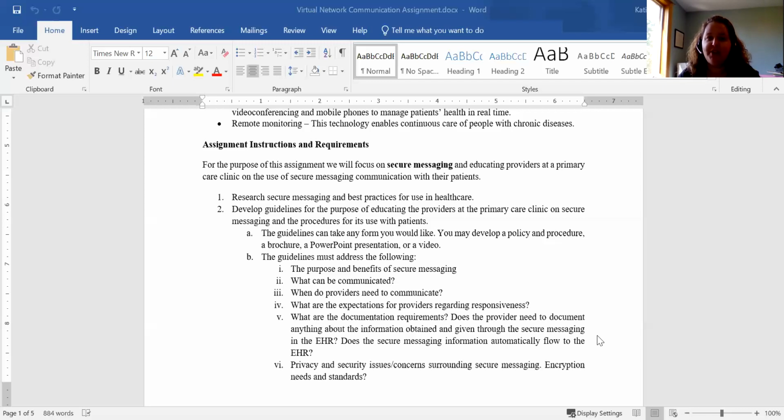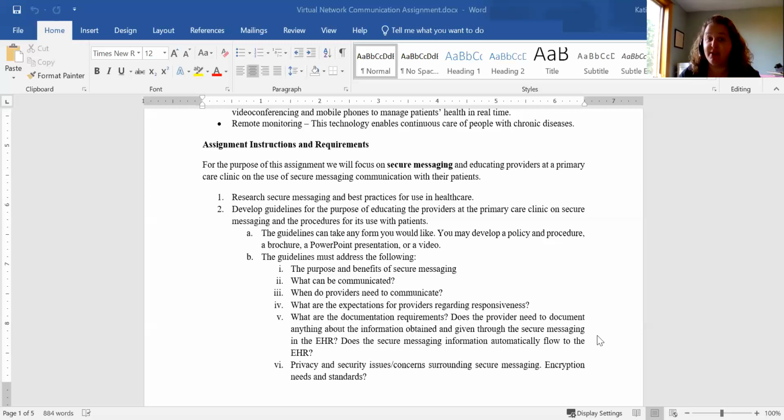What type of information can be communicated between providers and patients? Okay, so can lab tests be communicated? Radiology report results, cancer results. So what can be communicated? And what do providers have to communicate, right?